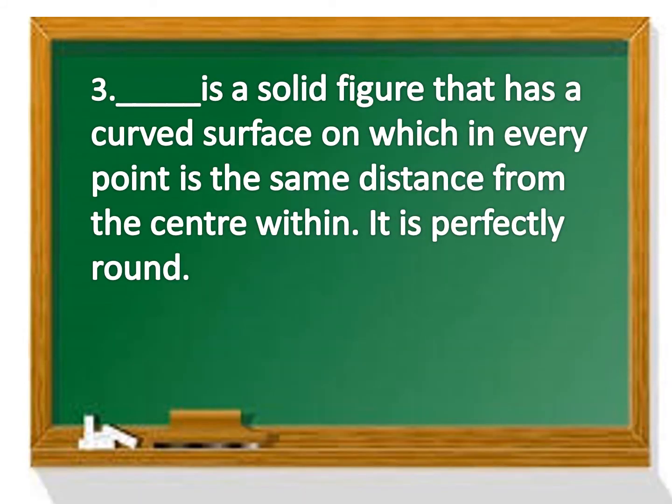Number 3 is a solid figure that has a curved surface on which every point is the same distance from the center within. It is perfectly round. What is the solid figure being described?